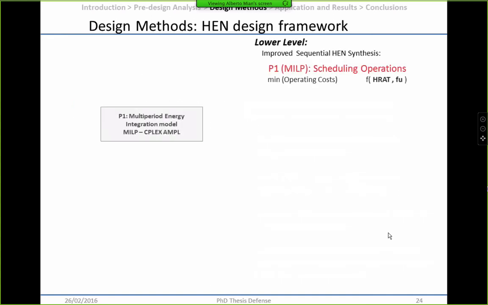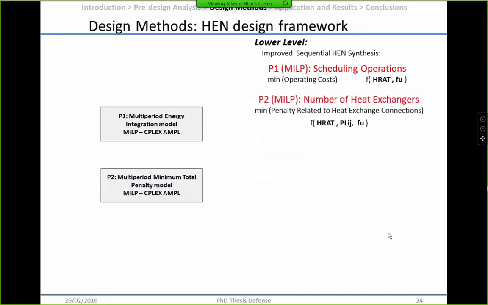So if we look again at this part, we have a first problem in which we minimize operating costs subject to 2 types of variables. And we have a minimization of the penalty. This is again a function of the heat recovery approach temperature, utility size, and penalty levels.